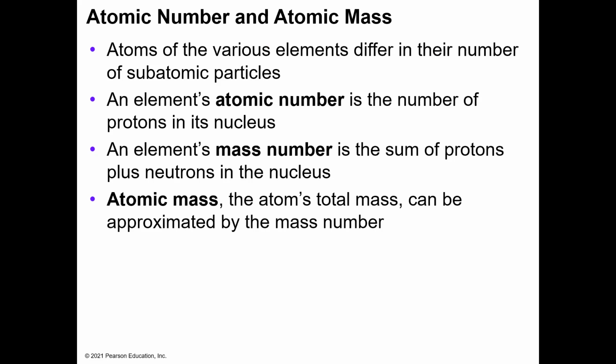An element's mass number is the sum of its protons plus its neutrons. Carbon has 6 protons and 6 neutrons, so its mass number would be 12. The atomic mass, the atom's total mass, is also its mass number because the electrons really don't add anything to the atomic mass.